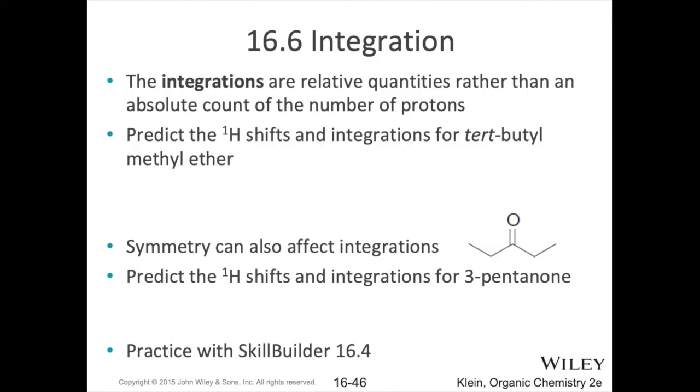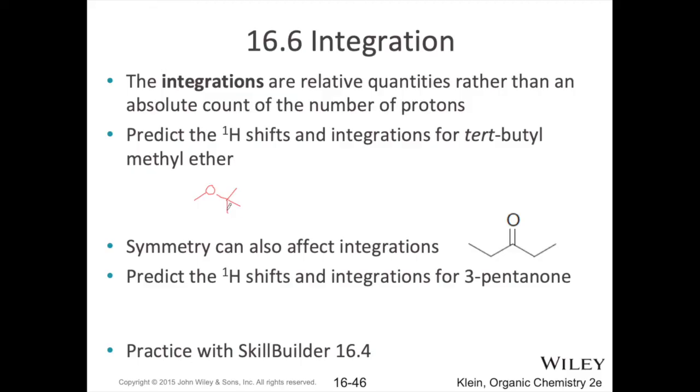So let's look at a couple of examples to illustrate what I'm talking about. For example, let's look at tert-butyl methyl ether. If I were to draw that out, an ether has an oxygen with 2 alkyl groups coming off of it. One of these is a methyl group, so this is just CH3 over here. Now, this is a tert-butyl group, so I actually have 3 methyl groups coming off this carbon, and each of these carbons has 3 hydrogens.